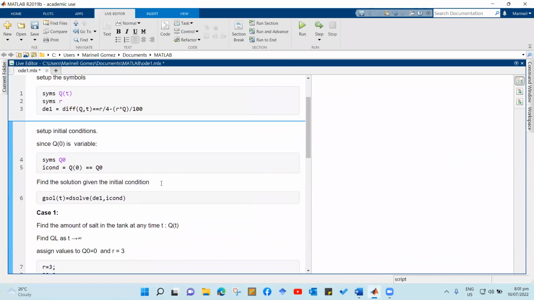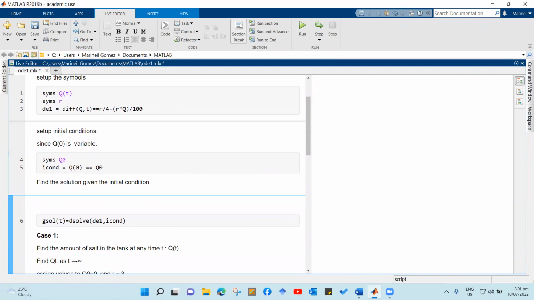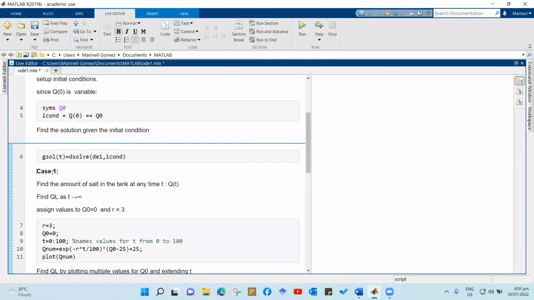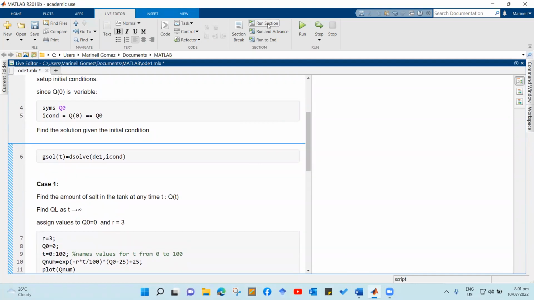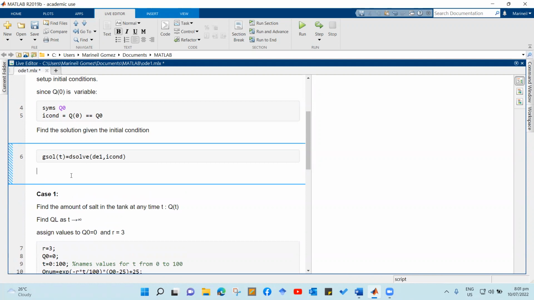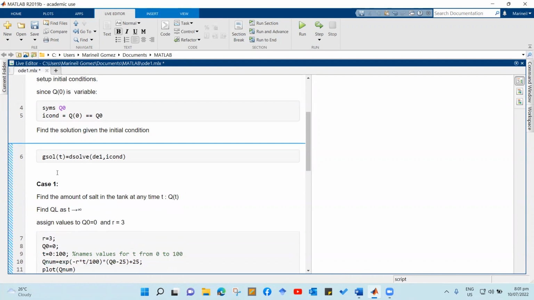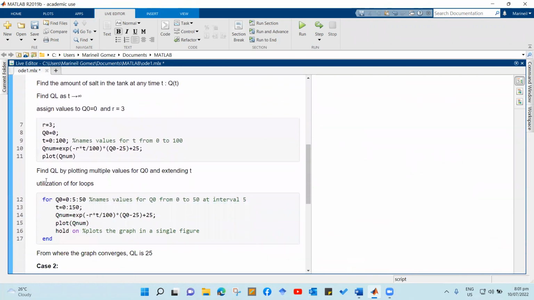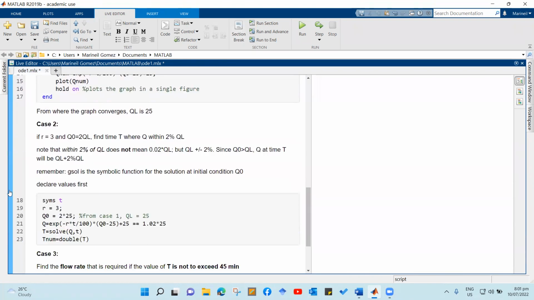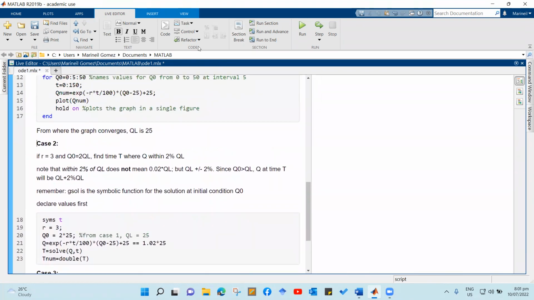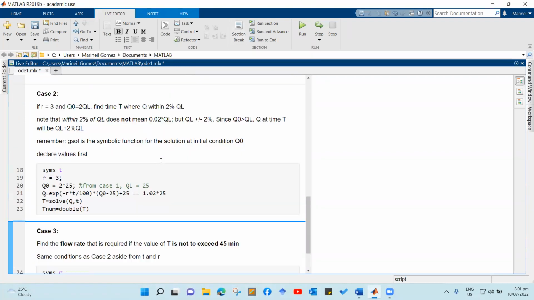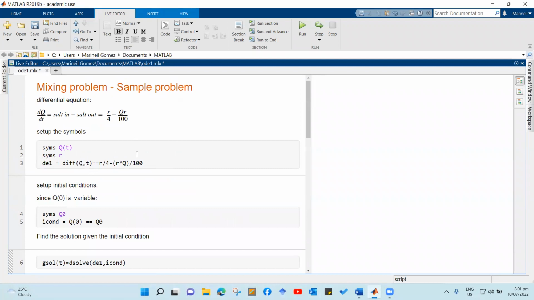So I'm going to delegate section breaks so that we can do this step by step. Section break, and then another section break, and then for case 2 and case 3. Okay, so we have this first section.